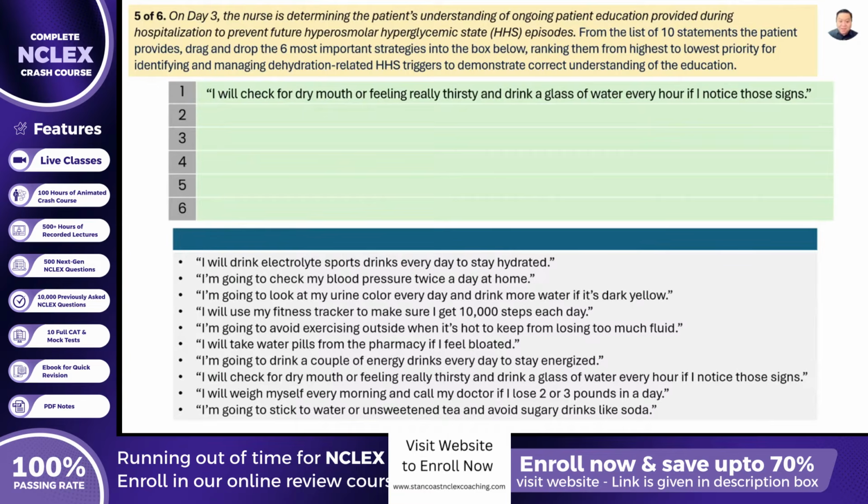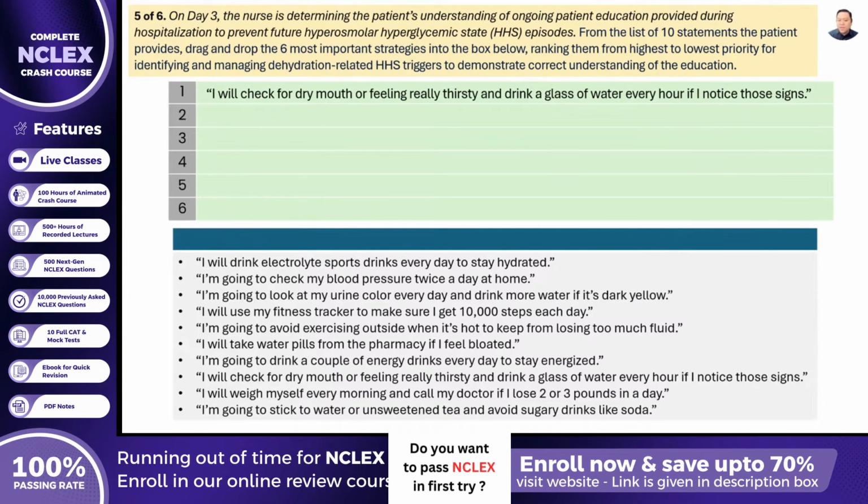He's acting on them immediately to prevent any more fluid loss. So that's exactly the kind of symptom-based real-time response we want from this patient, because dehydration can also trigger the HHS, and this should be the first thing that the patient should think when managing their fluid status.